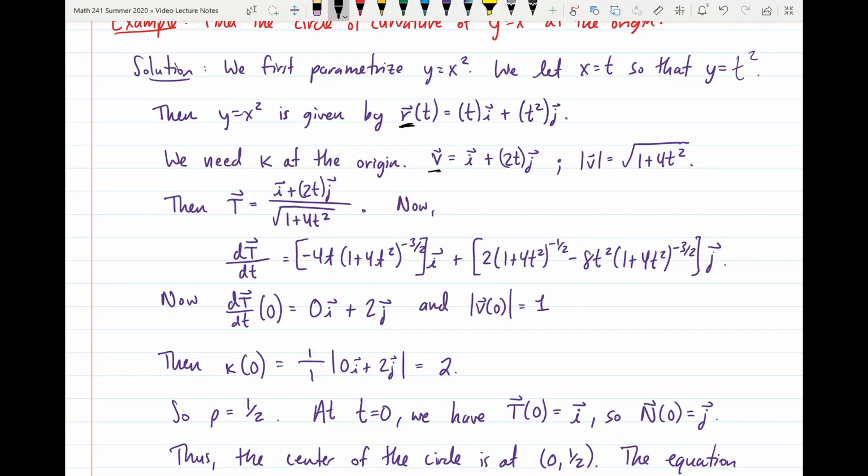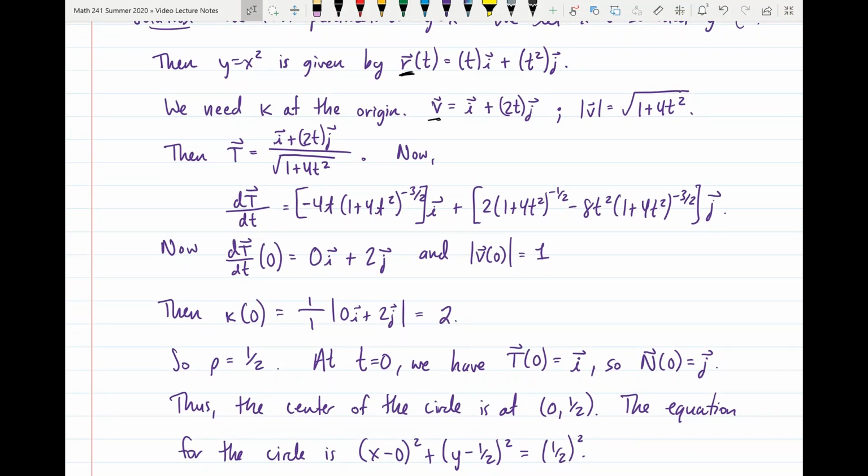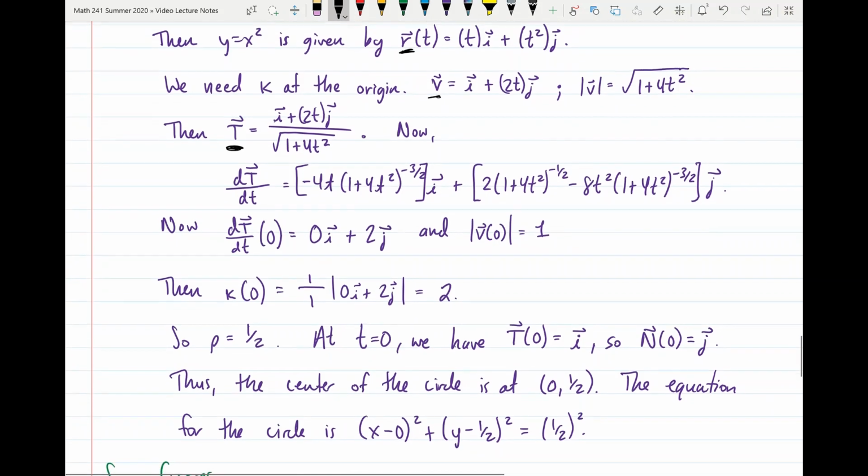The magnitude of the velocity vector is equal to the square root of 1 plus 4t squared. And now we can write down a formula for our unit tangent vector, T. So T is going to equal i plus 2t j divided by the square root of 1 plus 4t squared.